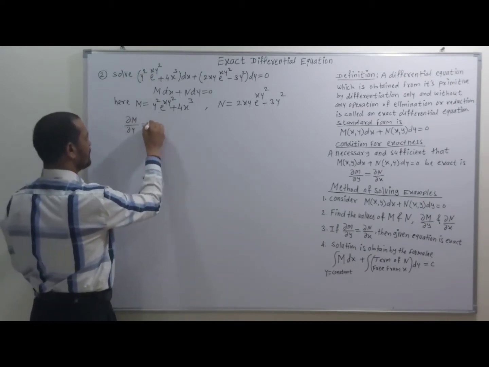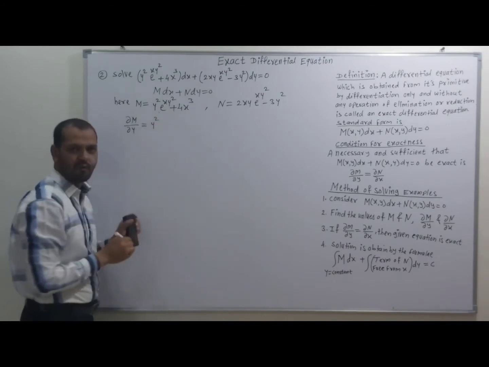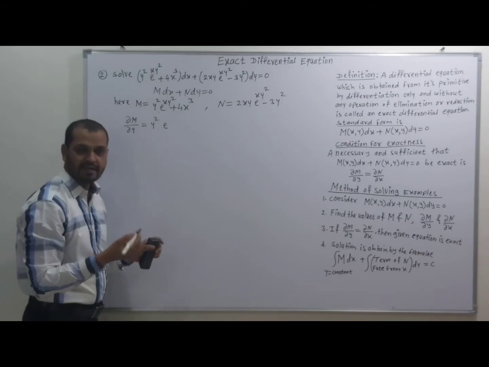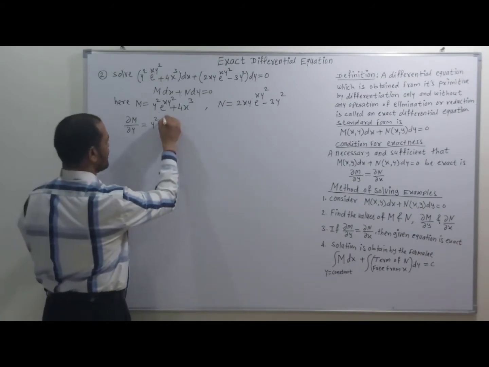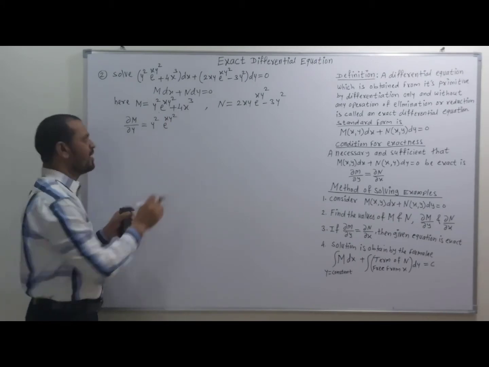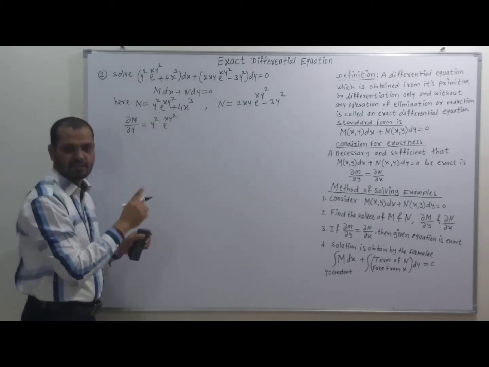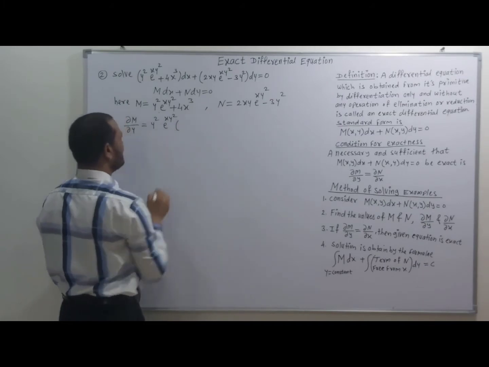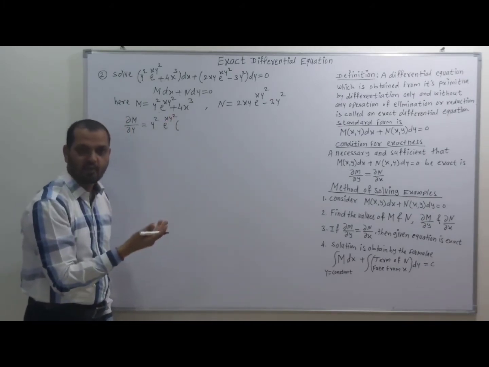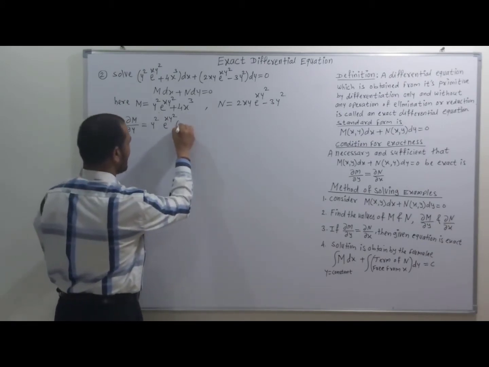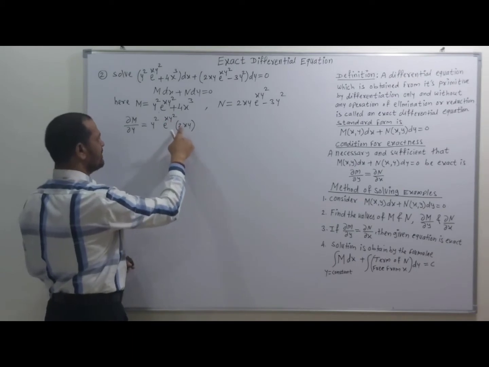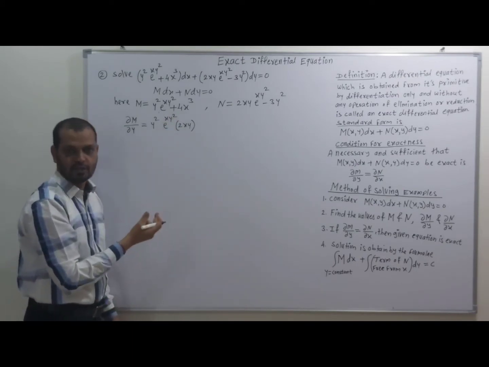According to the product rule, first term as it is, y square, derivative of e raised to x y square is e raised to x y square as it is, times the derivative of x y square with respect to y. So we can write this as 2xy, because x is constant and derivative of y square is 2y.